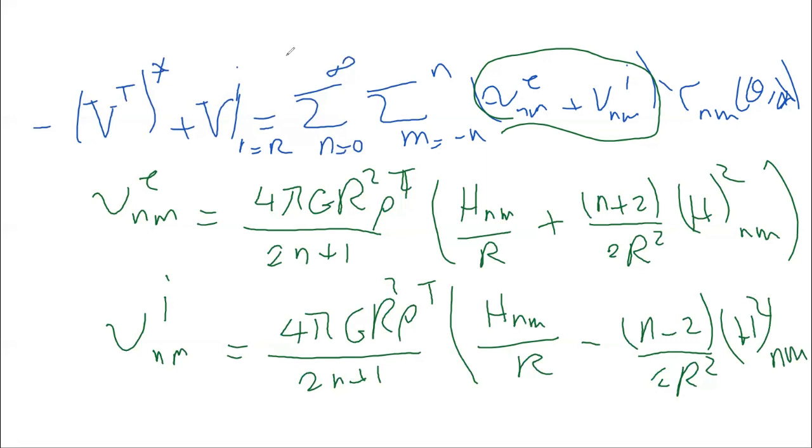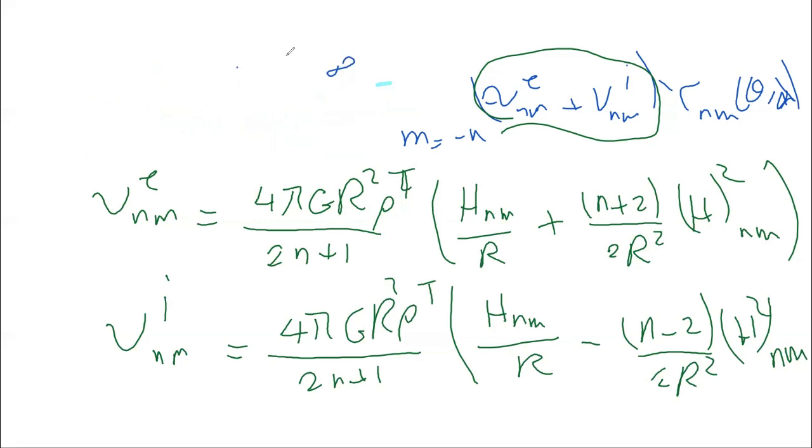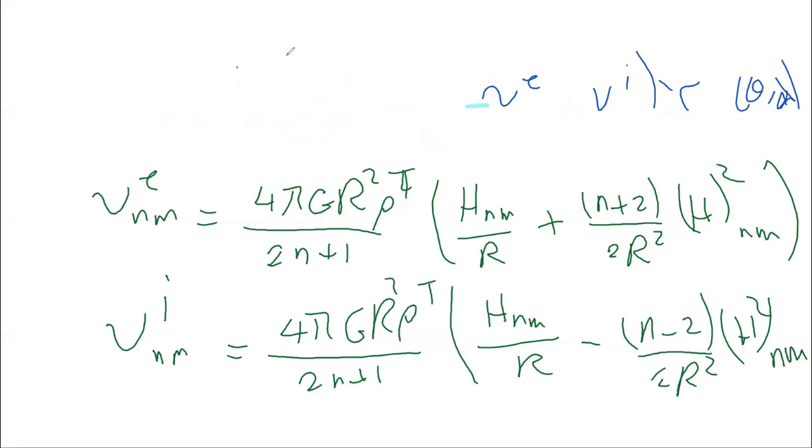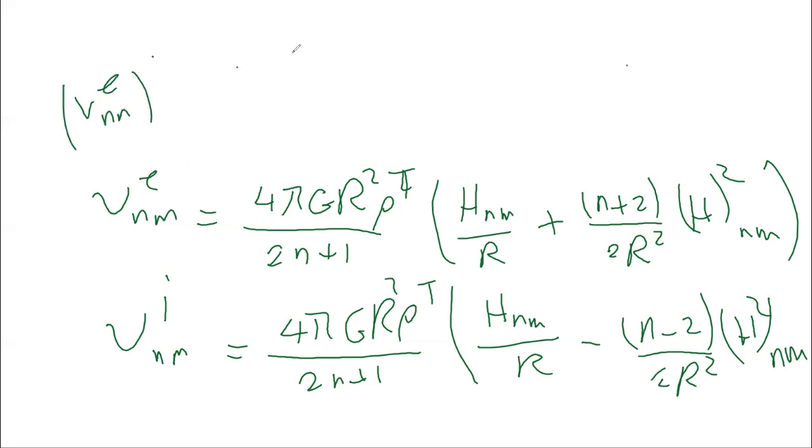So now I subtract them from each other. If I do so, I get the external V_nm downward continued minus V_nm internal, R over r.